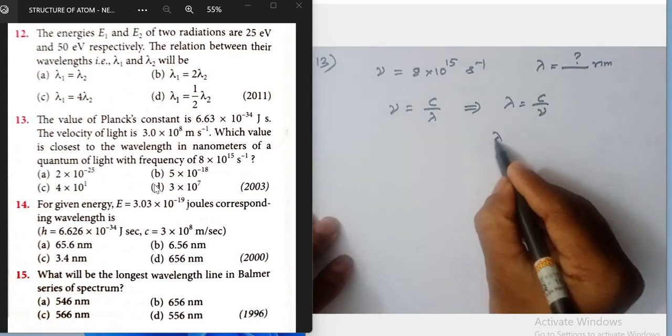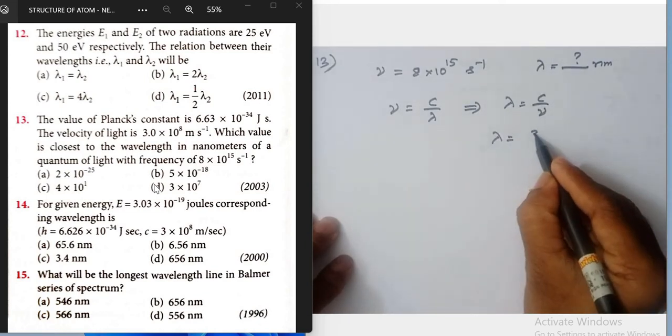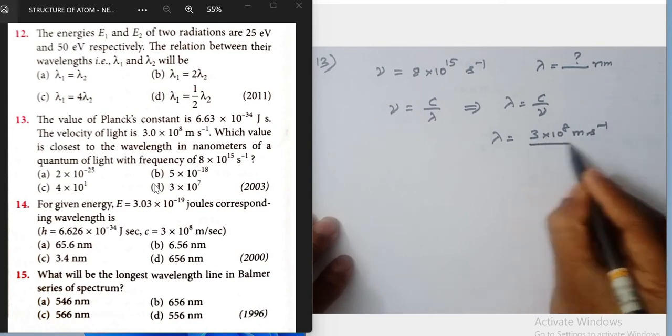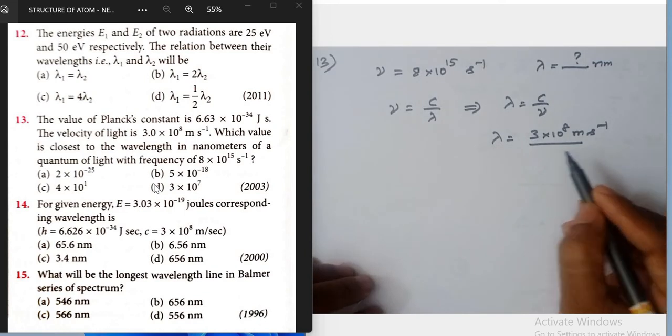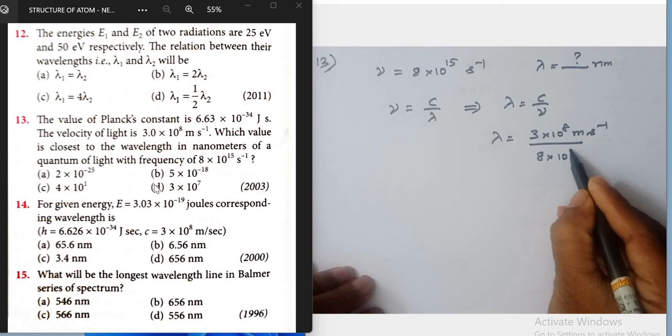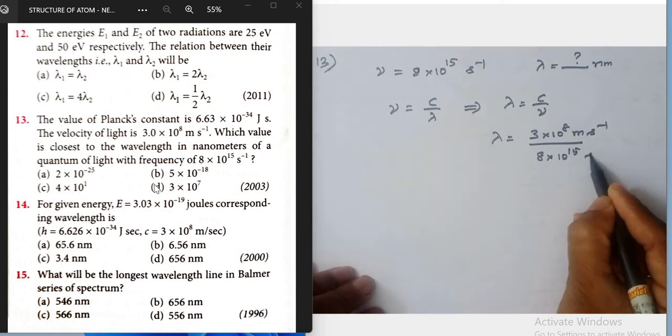C value is 3 into 10 to the power 8 meter per second, and frequency value is 8 into 10 to the power 15 second inverse.